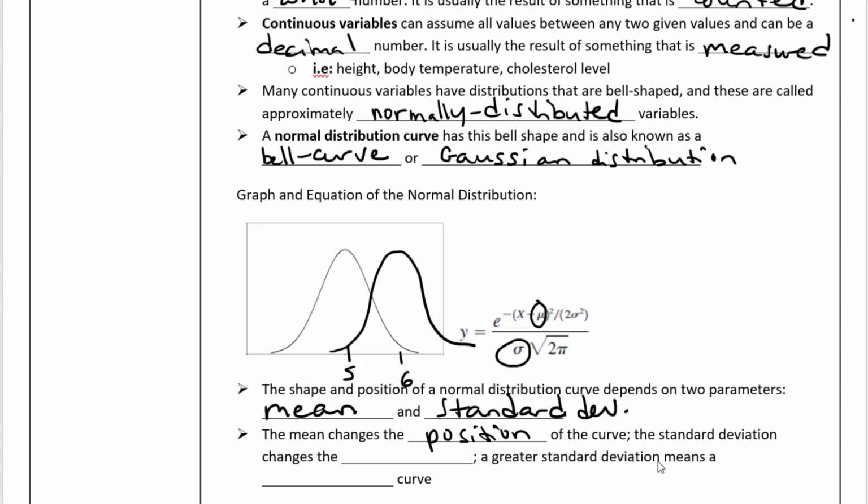Standard deviation is a measure of spread, remember? So when it's bigger, the curve is wider. If the standard deviation is smaller, which means it's not as spread out, then the curve is going to be skinnier because there's more clumping and less spread.